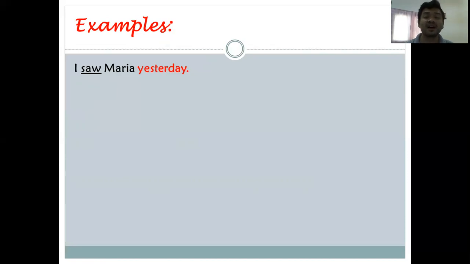Okay, now before I proceed, one more thing. To use simple past tense, we often mention the time expression. So I saw Maria yesterday. Yesterday here is a time expression.